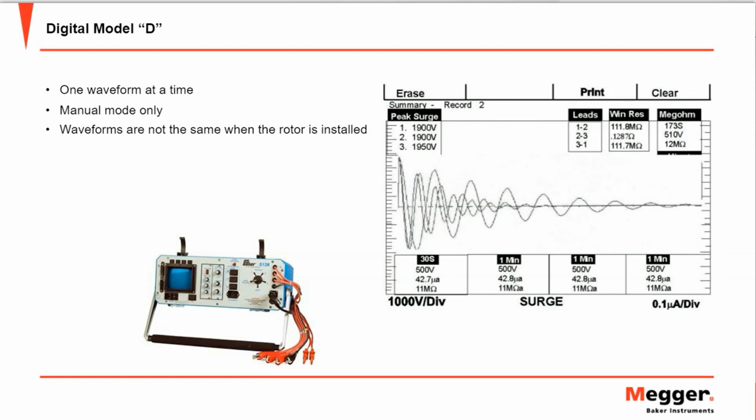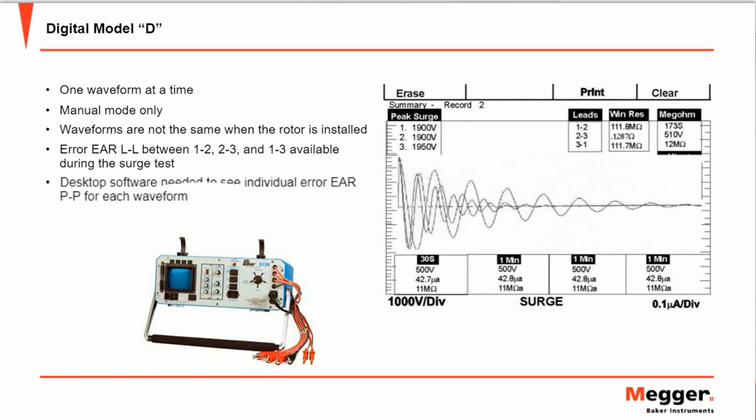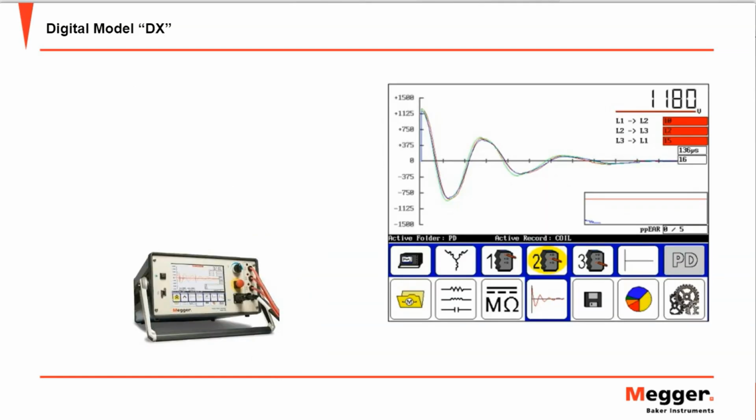So we have the EAR line-to-line on the screen of the tester, but in order to have the information about the pulse-to-pulse error, we needed the desktop software to see the results. No automatic stop when there is a weak insulation, so the operator must stop the test when we have weak insulation. Then we have the model DX, the new generation of the testers.